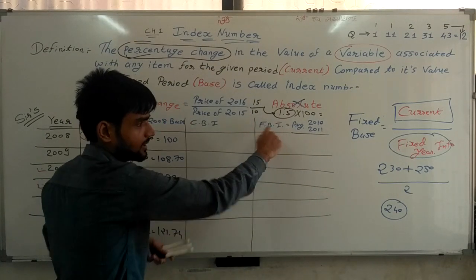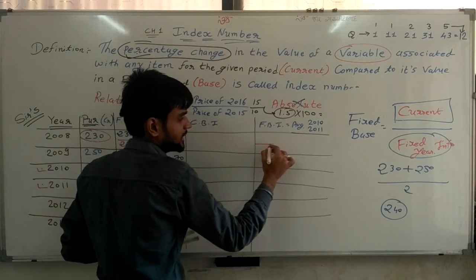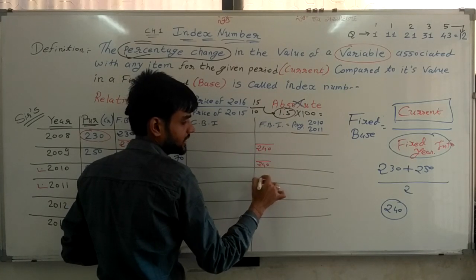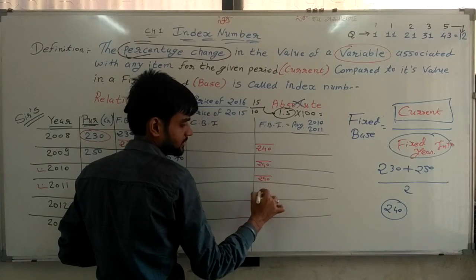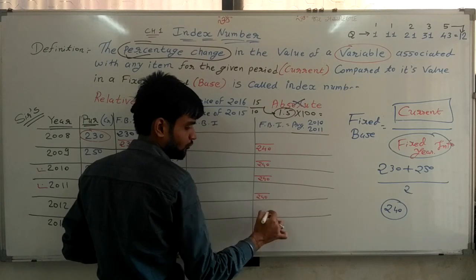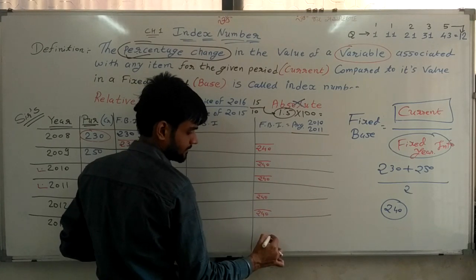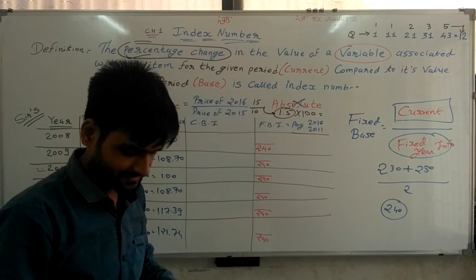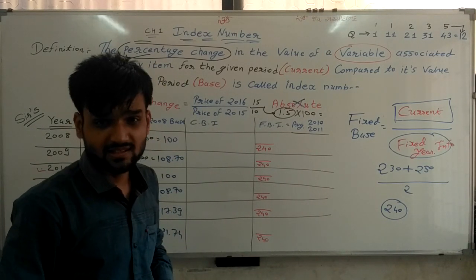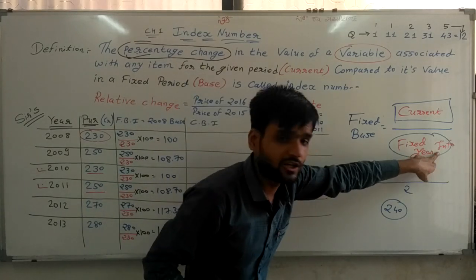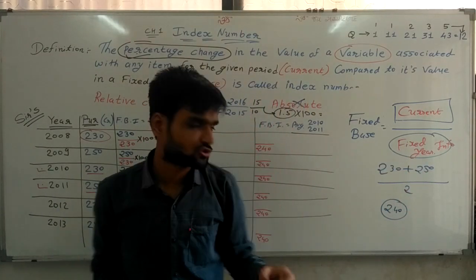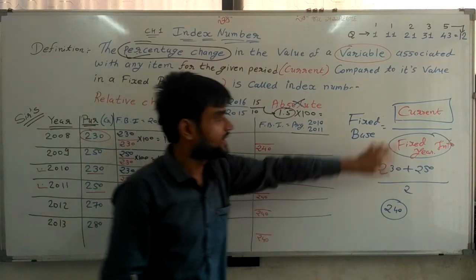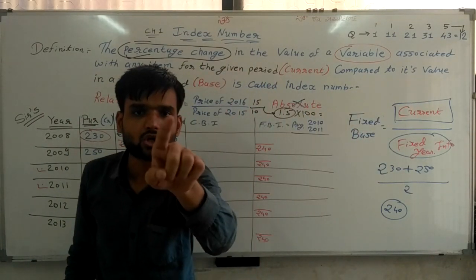So for this sum, divide by 240 is fixed. In all the years information, 240 is the base. Again sir, fixed year information. So here fixed year is average, so average as a base. But in the numerator what are we writing? Current year information.